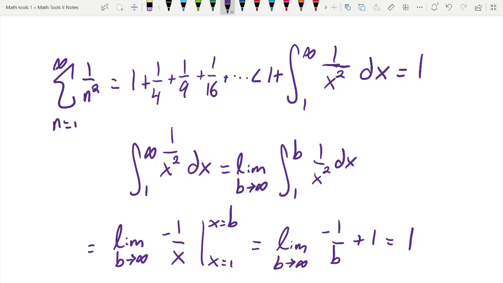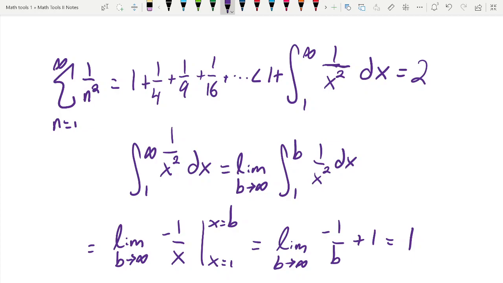Or rather, it's because you're doing the right Riemann sum in this case. But anyway, the details aren't super important here. But this is equal to 1 plus 1, so we get 2. So the important thing is that this shows that this sequence is less than 2. But again, it doesn't really matter what it's less than. It's just less than something that's convergent. And then that tells us that this is also convergent.